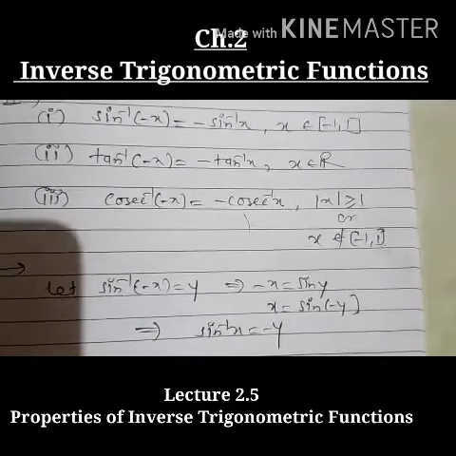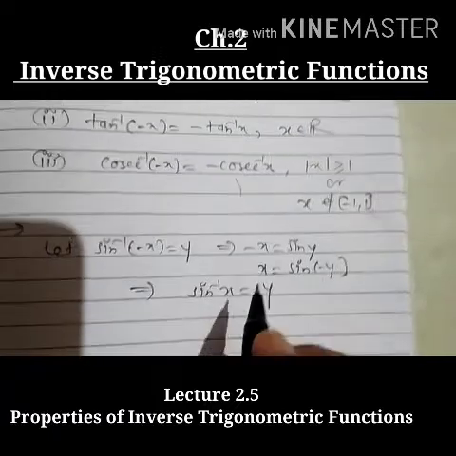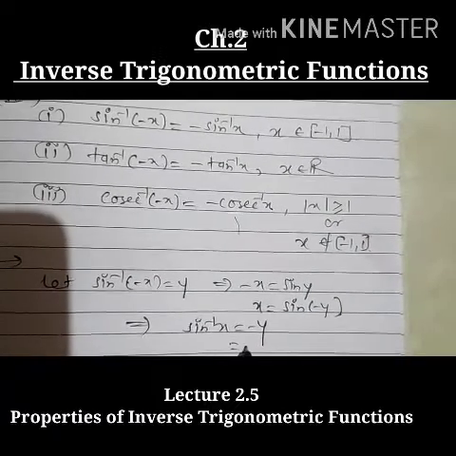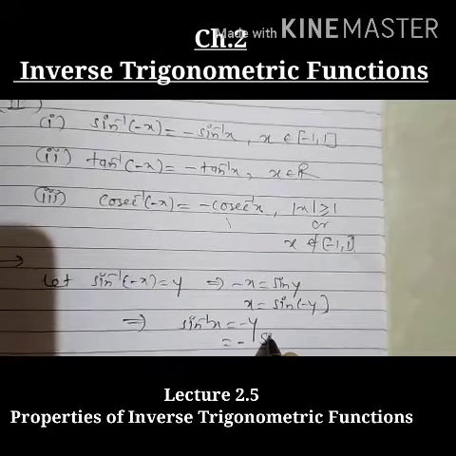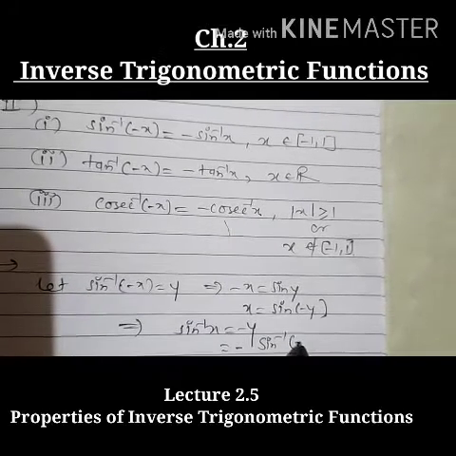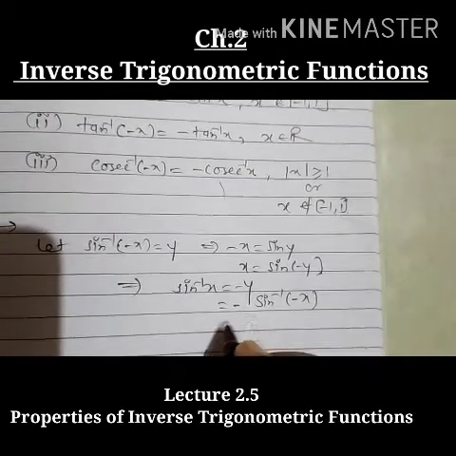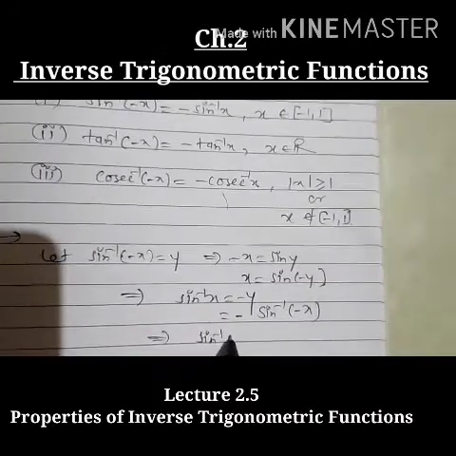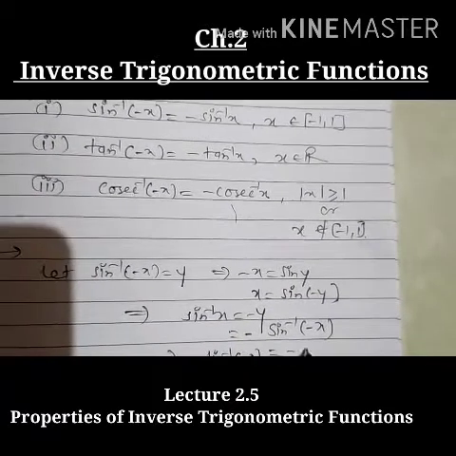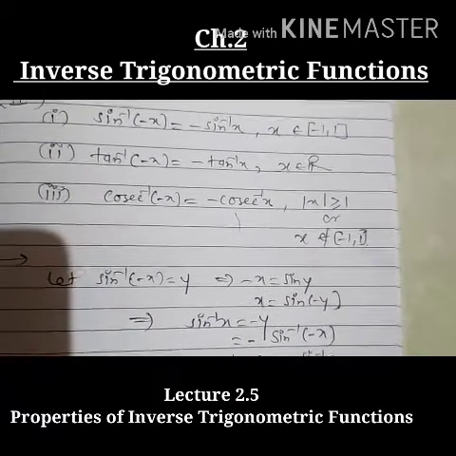And what is y? Sine inverse of minus x. So can we take this minus sign here? So what will we get? Sine inverse of minus x is minus sine inverse x.